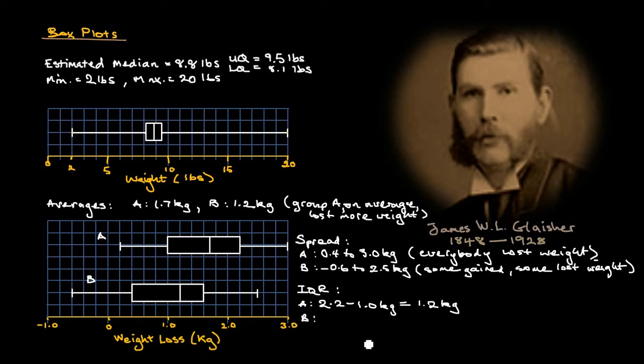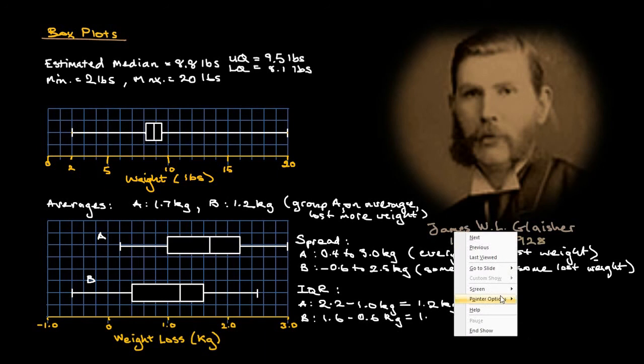If we look at the interquartile range for group B, we've got 1.6 at our upper boundary. So very different to the upper boundary for group A, but we can see, I think, visually that in fact they're going to be the same. So just to check that, our lower boundary is 0.4 kilograms, so 1.6 minus 0.4.